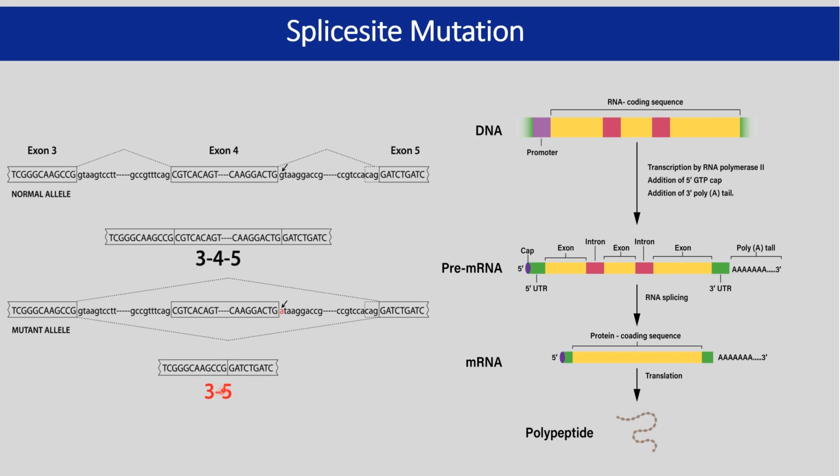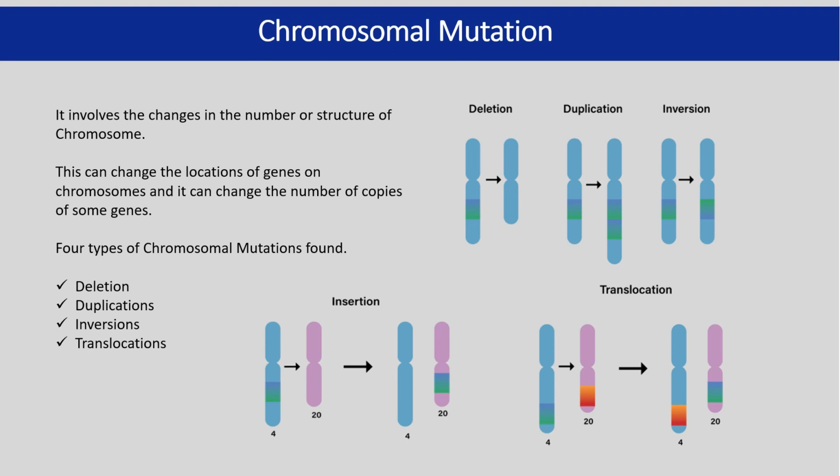So in this structure you can see the total portion of exon 4 is deleted. So this is one of the causes in many of these genetic diseases.